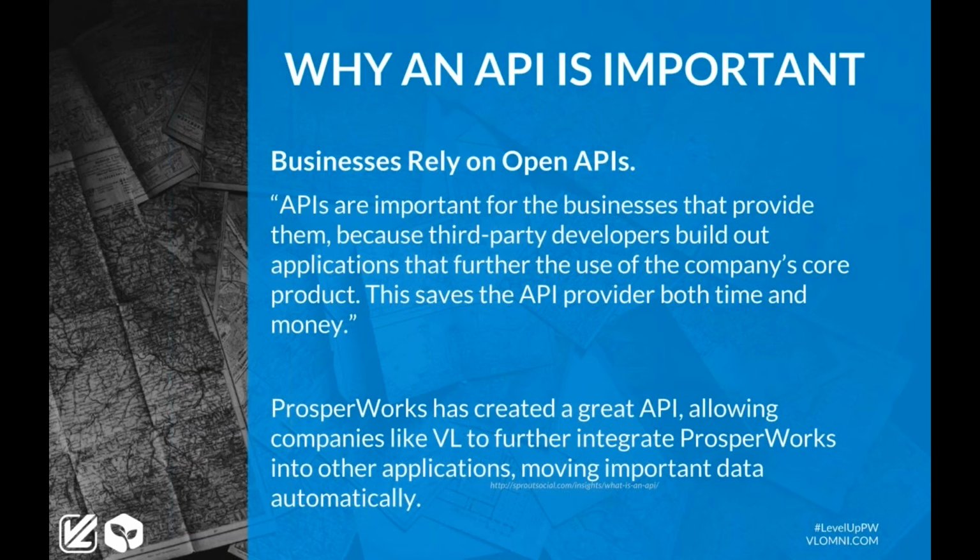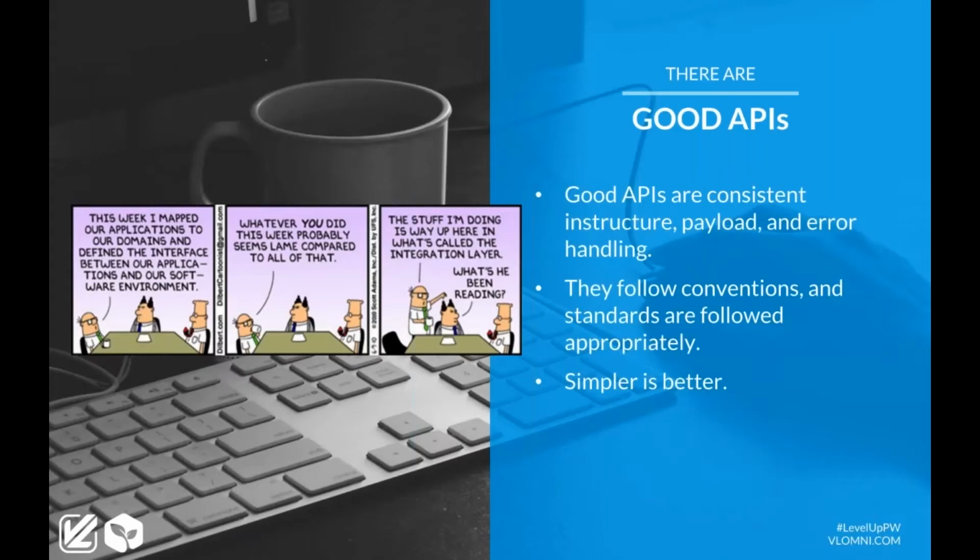So why is an API important? I'm going to come back to this quote, which is really, they're important because they provide access to the applications by third-party developers, but they actually allow you to interact at a much more granular level with information within an application.